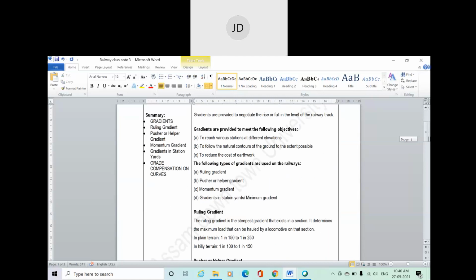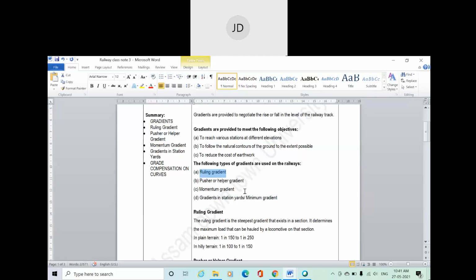The first gradient that we are going to discuss is the minimum gradient, or the gradient in station yard. Why is it called gradient in station yard? Basically this minimum gradient is provided in the station only. Anyway, we're going to discuss that. After minimum gradient, we'll discuss ruling gradient.